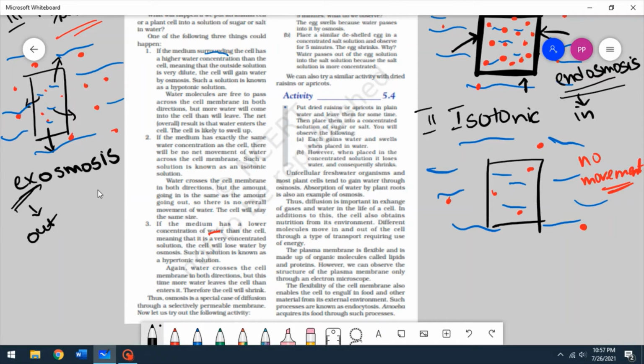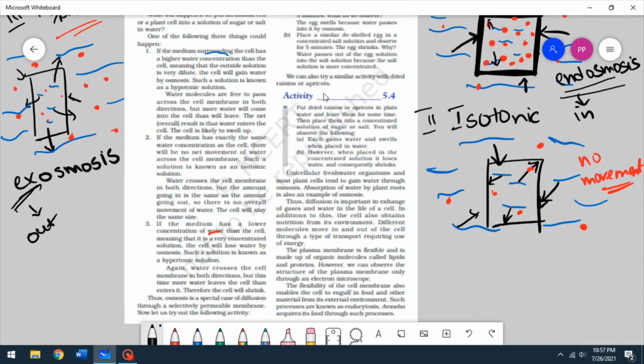Even in isotonic, there is movement of water, like I'm just showing a hypothetical 3 arrows, but there's also an equal 3 solvent movement from inside the cell, so it just gets balanced and cancelled out. And in this case, there are fewer water molecules moving inside than outside, so the net movement is outside. In this case, there is also outside movement, but the net movement is inside the cell.